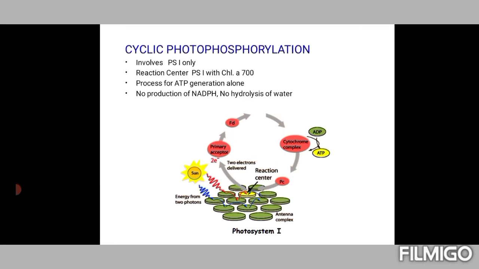As you can see, the photoexcitation of chlorophyll is shown here. With the energy of photons, a high energy electron is released from here. It travels through certain clusters and reaches back to the original position. This is why it is called cyclic photophosphorylation. It involves photosystem 1 only. Obviously, chlorophyll A700 is the principal pigment.